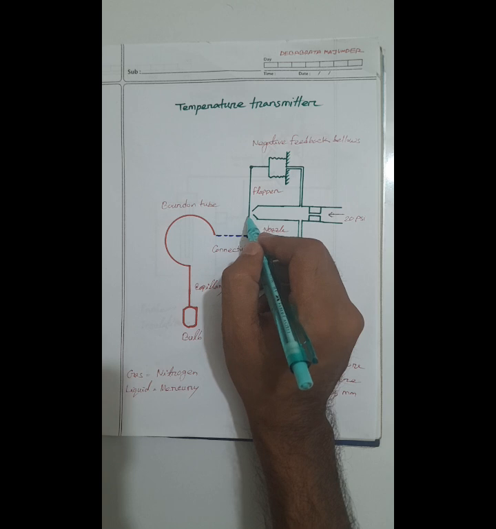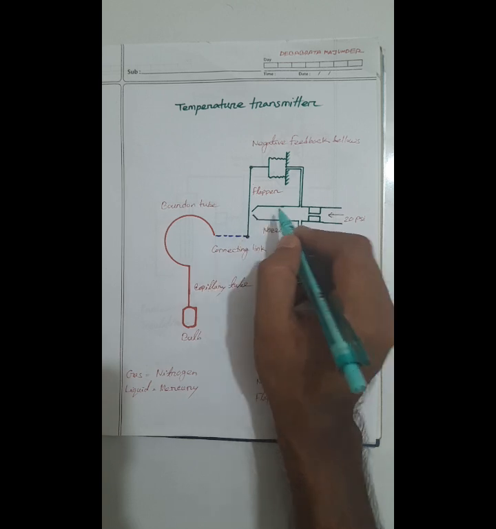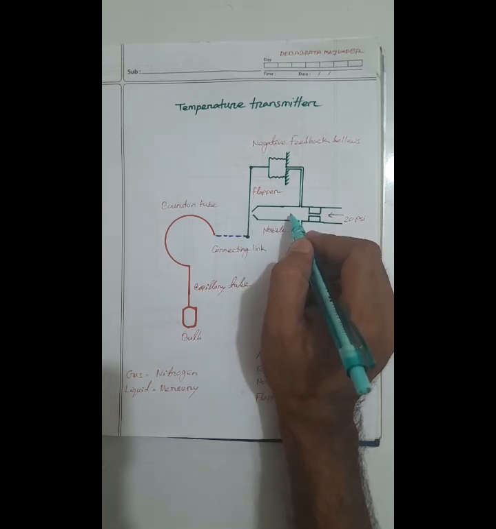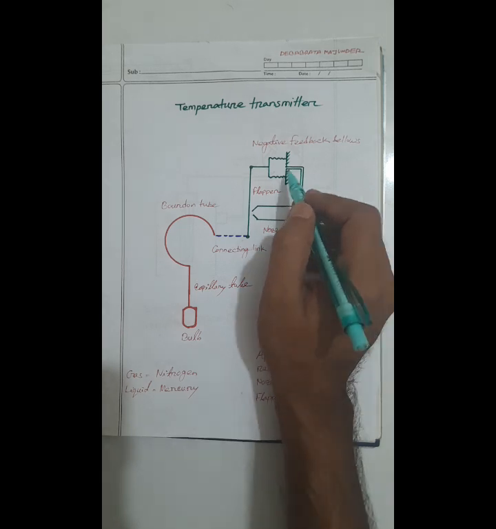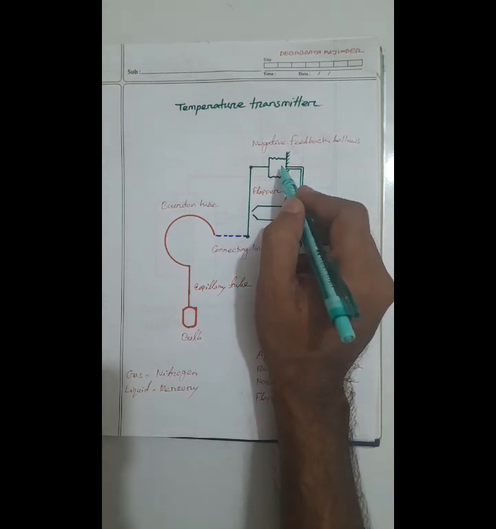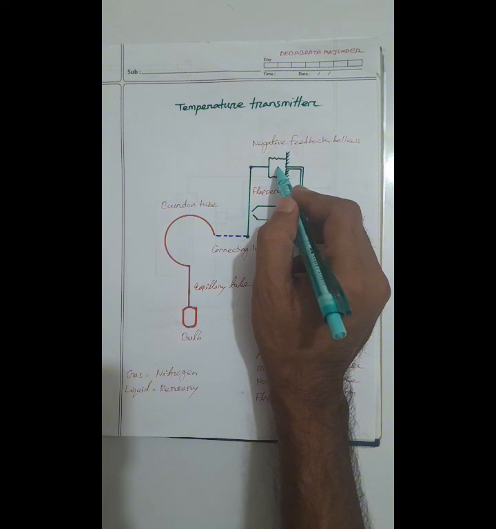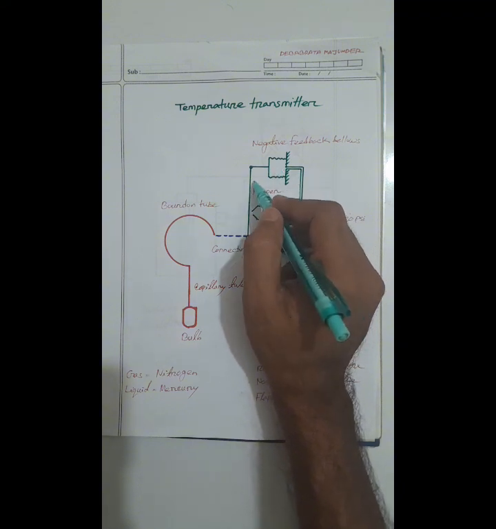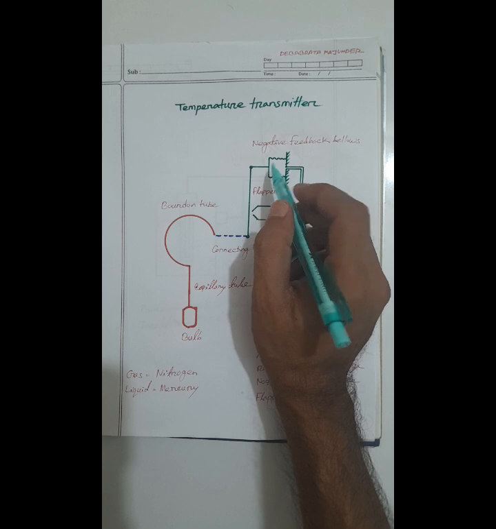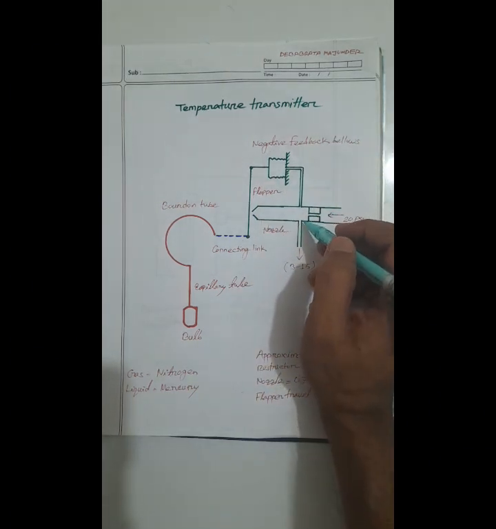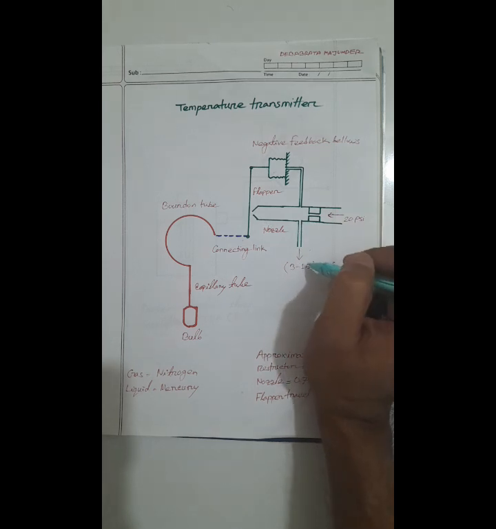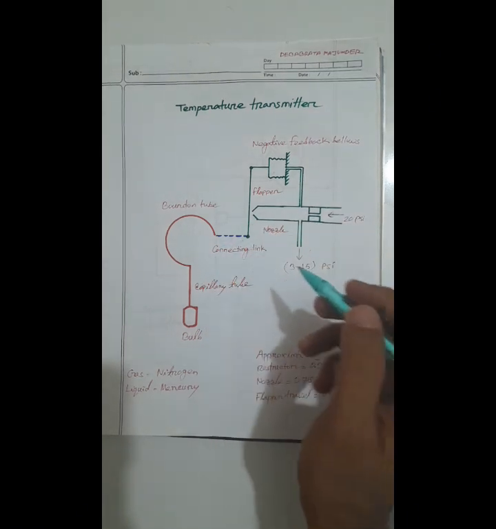That means the gap between nozzle and flapper decreases, and the back pressure inside this nozzle increases, and this pressure comes to the feedback bellows and causes it to move the flapper to the new equilibrium condition. That's why it is known as the negative feedback bellows. And the output signal is 3 to 15 psi going to the controller. This is the main basic principle of this system.